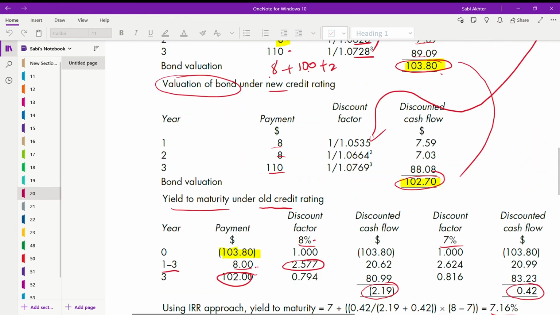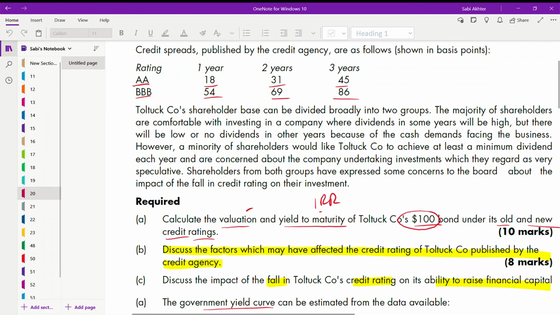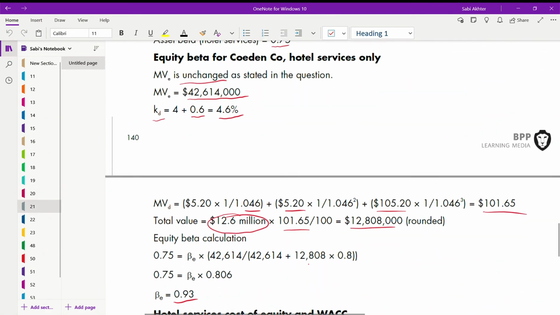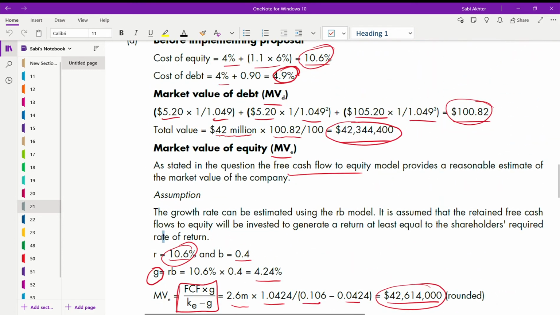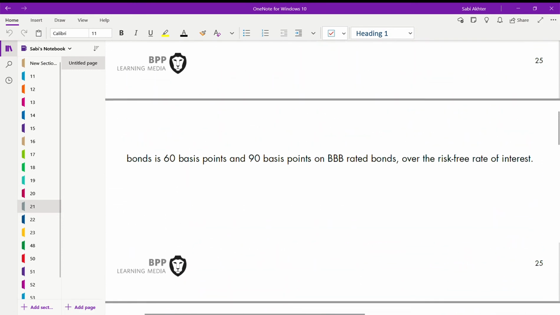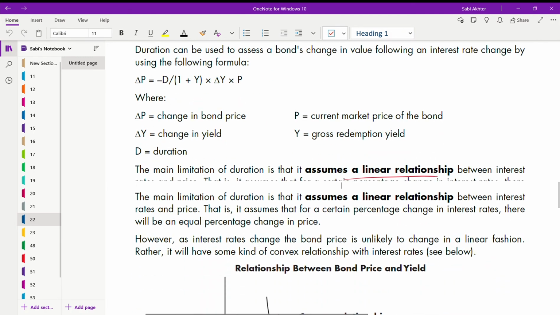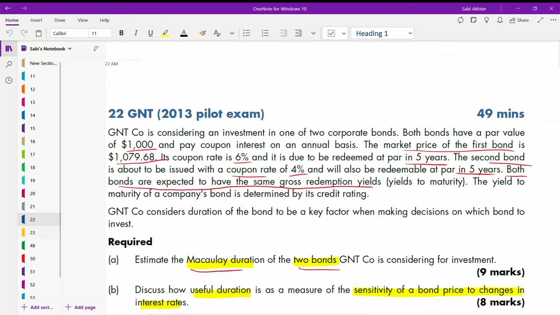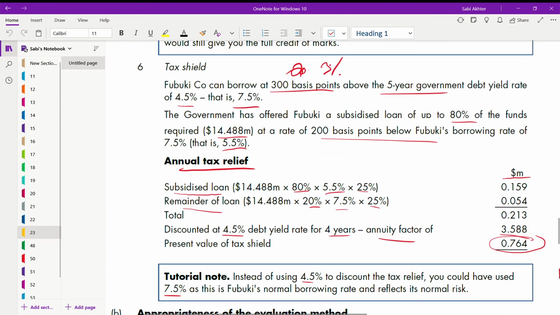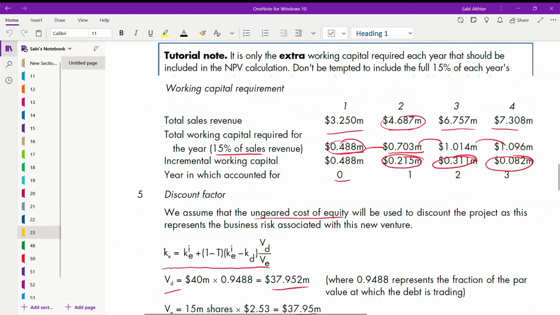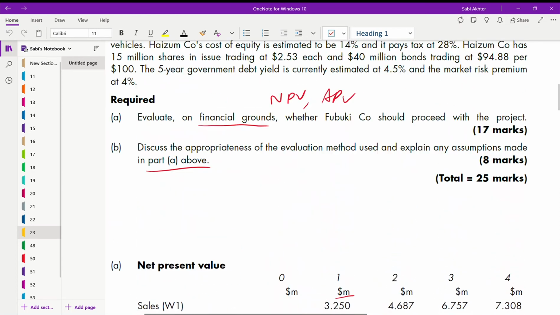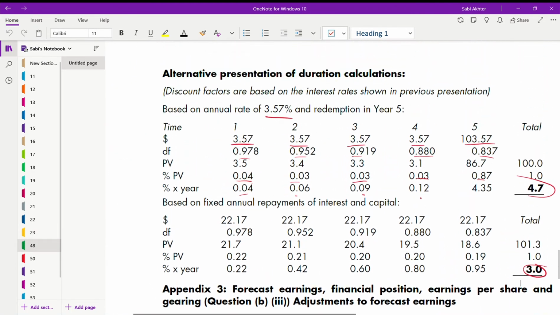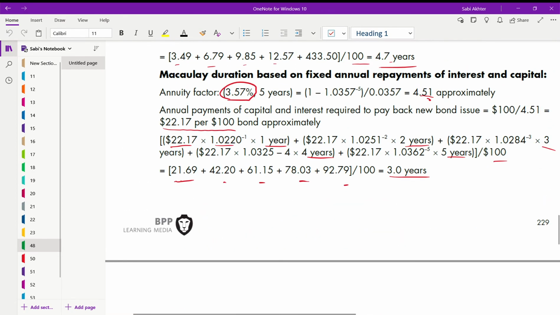All these are your bond valuation. 21. 22. 23. 48. 50.